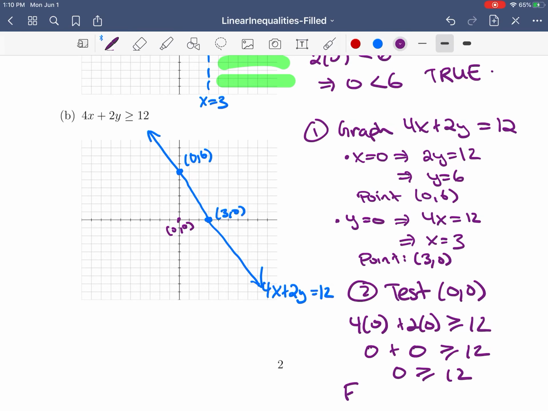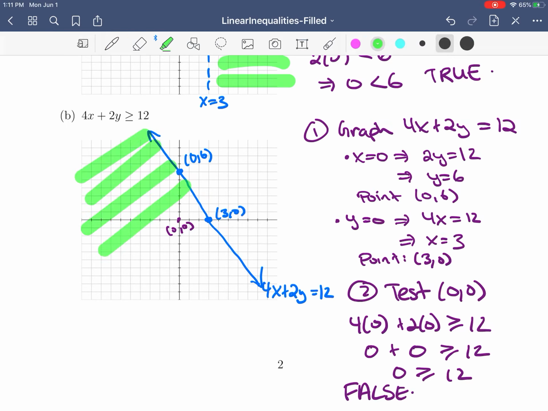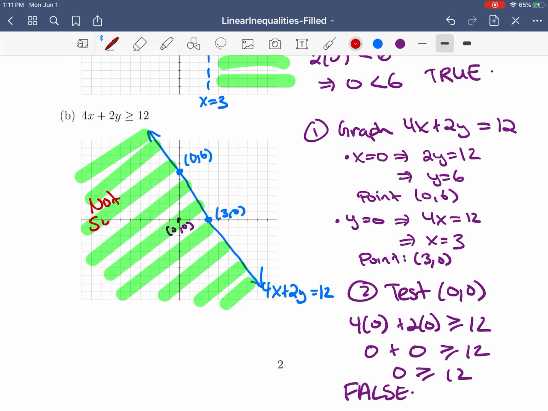So 0 is bigger than or equal to 12. Okay, this one is false. So that means that I want to shade the side that has 0, 0. Okay, so this side is not the solutions. So the other side is where the solutions are.